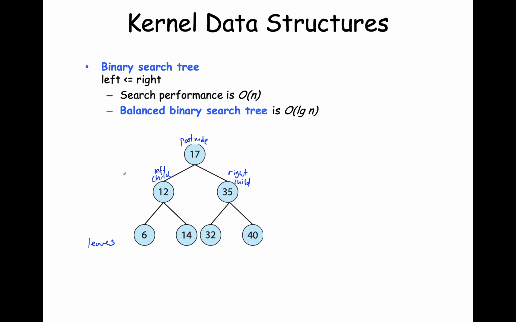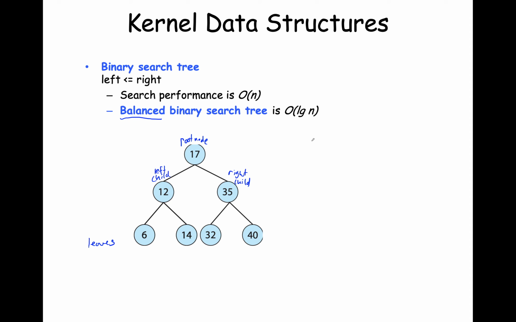And so with this binary search tree, your search performance is in big O notation, which you've covered in algorithms and data structures 1 and 2, Big O of n, because you have n many nodes. But if you arrange the binary tree such that it's so-called balanced, and what balanced means, to jog your memory, is that if you were to examine the number of nodes on the left-hand side of the tree versus the right-hand side of the tree, it tends to have equal amounts, or tries to have equal amounts.